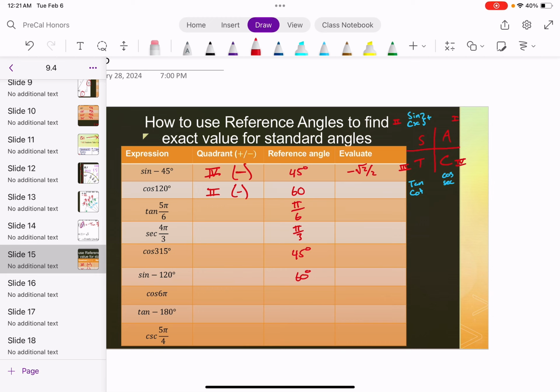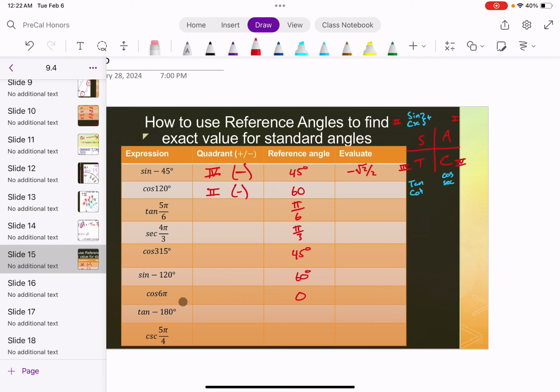Cosine of 6 pi would actually give us a multiple of our quadrantal. Remember, pi is 180, 2 pi is 360. So we would actually be right on 0 for it being on that axis.